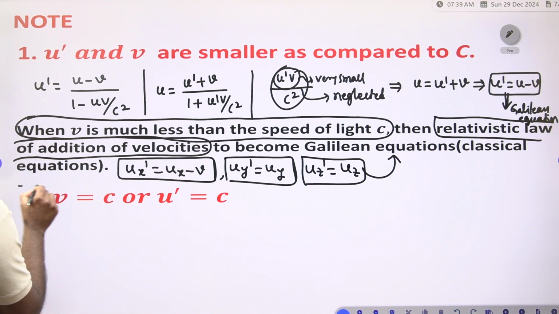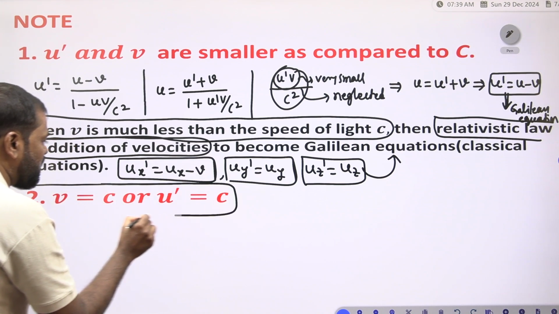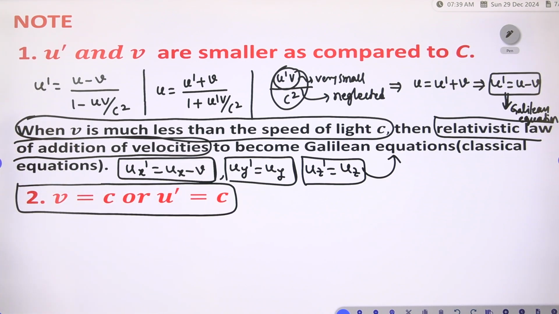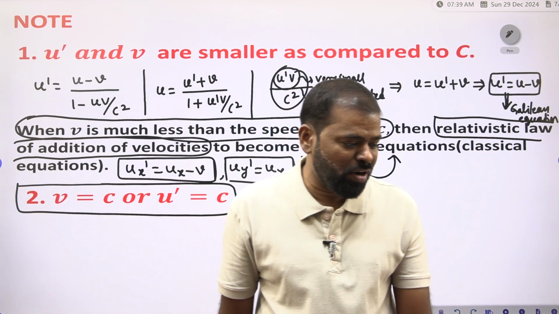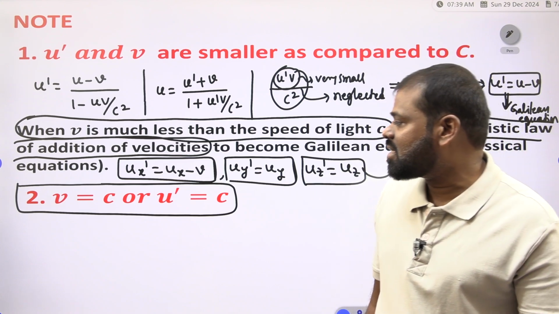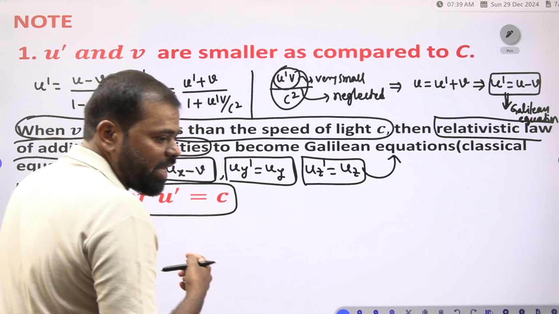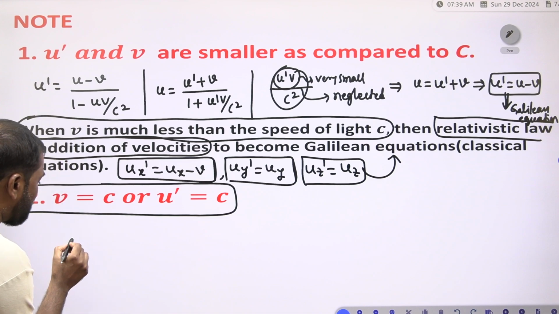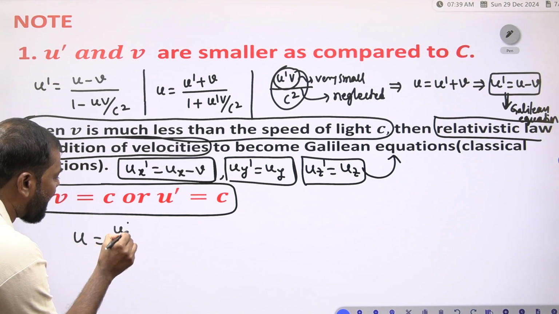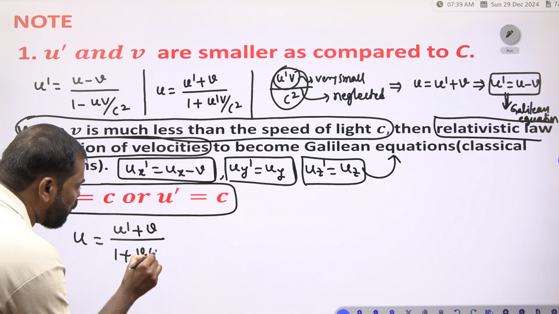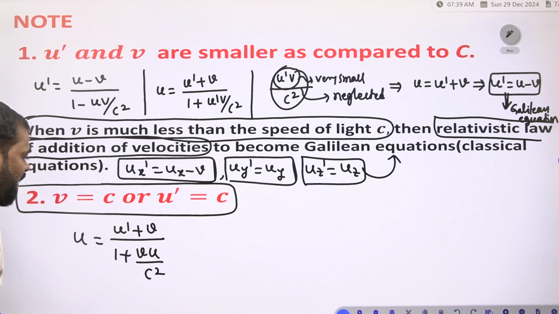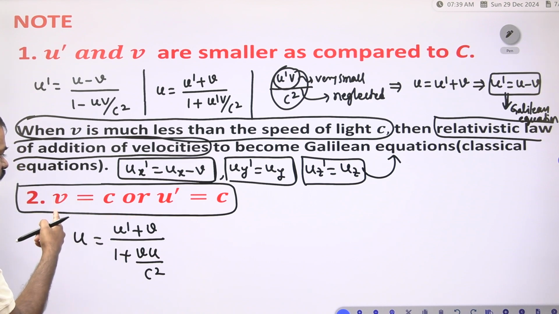Otherwise, for one more interpretation of the relativistic addition of velocities: if v is equal to c, what will happen? Take the expression u is equal to (u dash plus v) divided by (1 plus vu dash divided by c square). Substitute u dash equal to c.